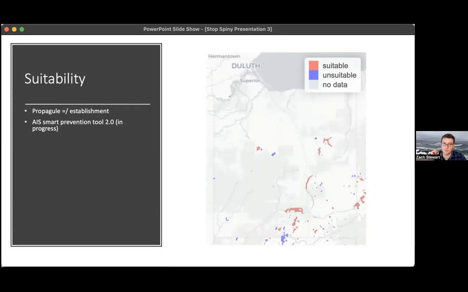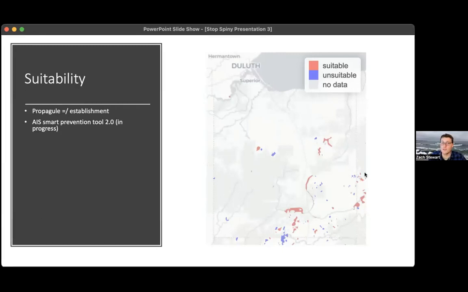So we want to prevent ever having a single spiny water flea travel to a new lake. But if we fail and it does travel to a new lake, it does not necessarily guarantee that there's going to be a full population launched there, in part because some waters are more suitable than others.